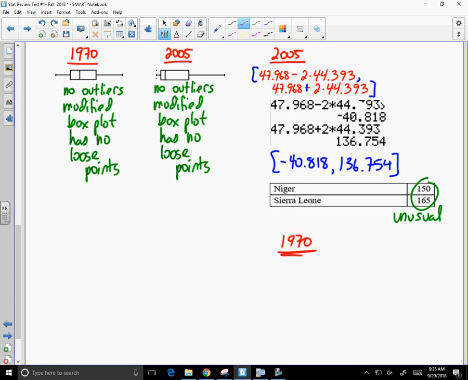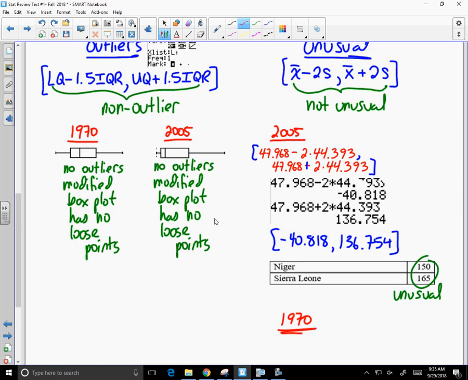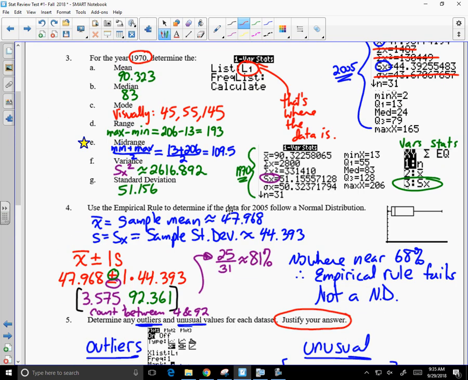Okay, so I will now use a technique I like to call the right way to come up with 1970.